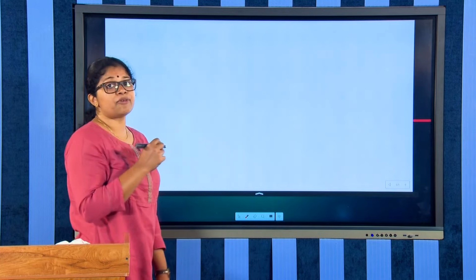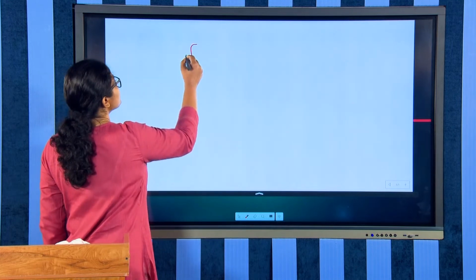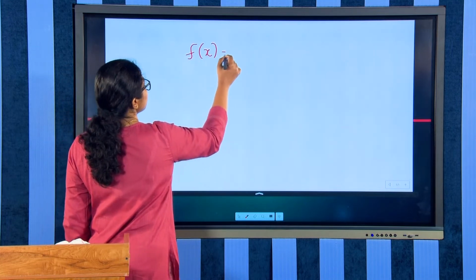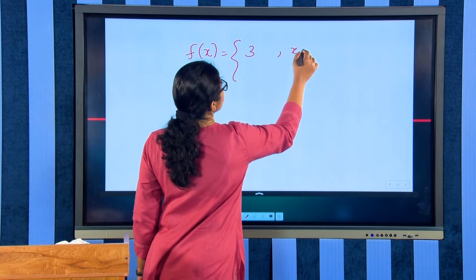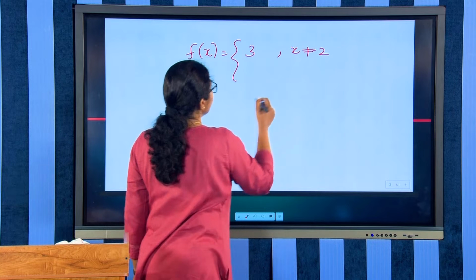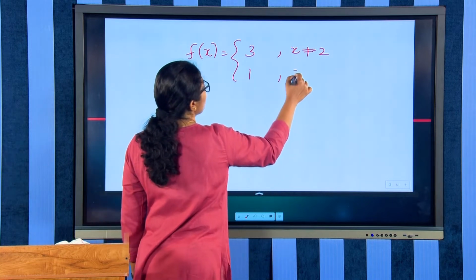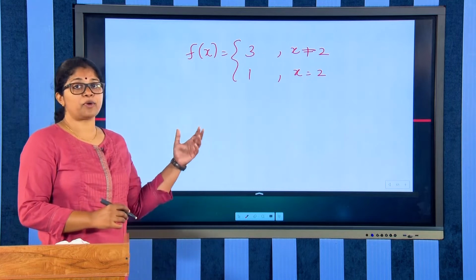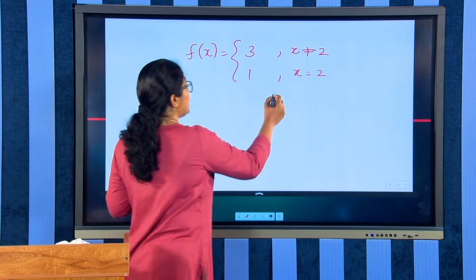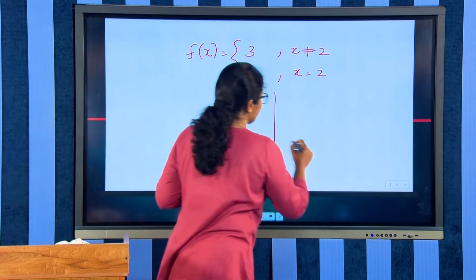Suppose we define a function, say f of x is equal to 3 for every x not equal to 2 and 1 for x is equal to 2. So what is the shape of this function? Let us see using a graph.